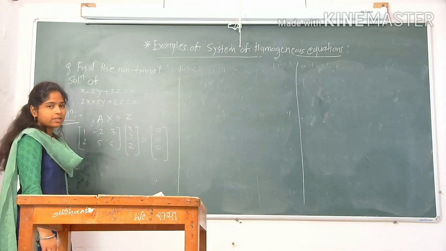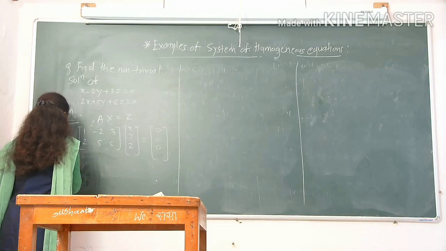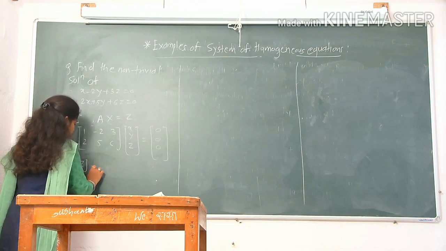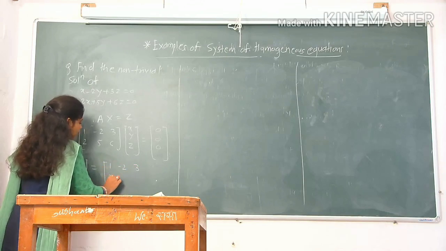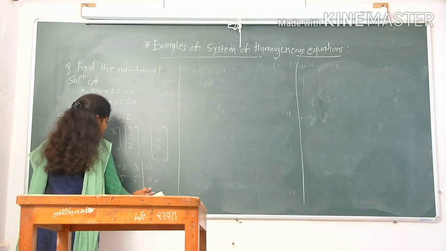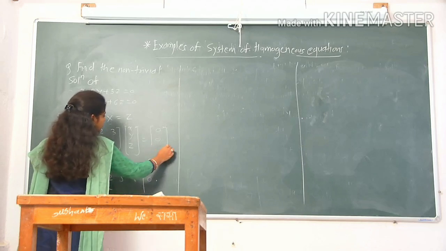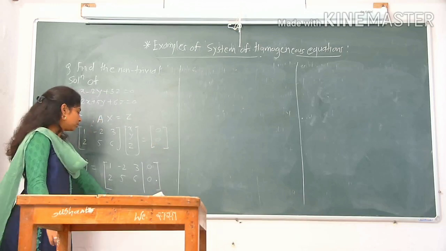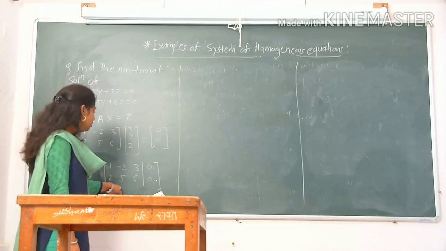Now, our first step is to write the augmented matrix AZ, which is 1, minus 2, 3, 2, 5, 6, 0, 0, 0. Now we can convert this matrix into row echelon form.